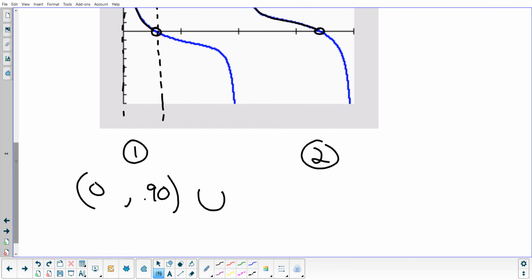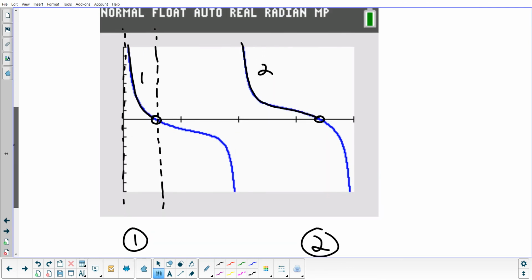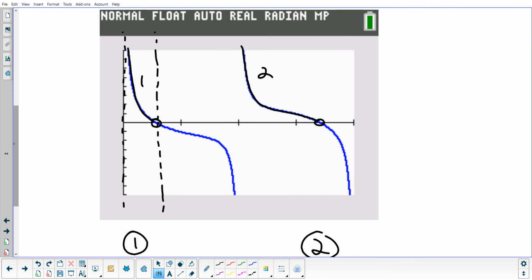All right, let's look at interval 2. Now, there's another asymptote right here. Where is that asymptote? It has to be pretty easy to figure out. If you know the width of the window, and you've got that asymptote, it's right in the middle. Where does that mean the asymptote would be?